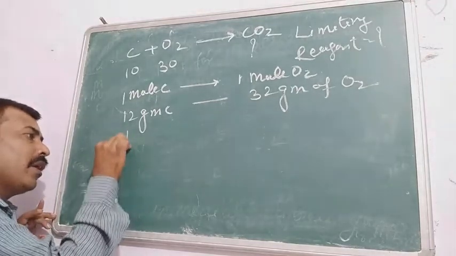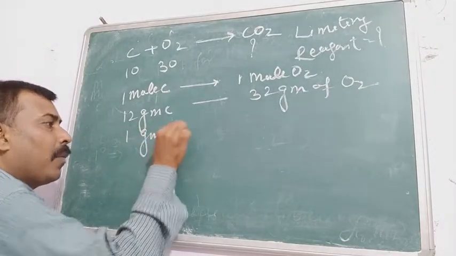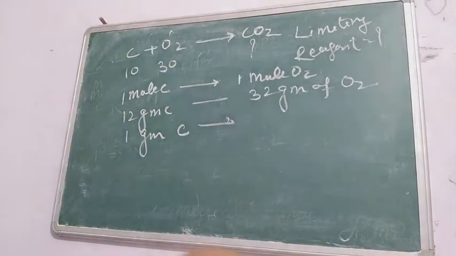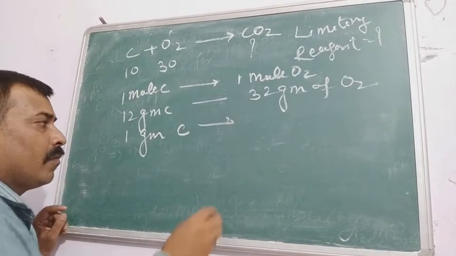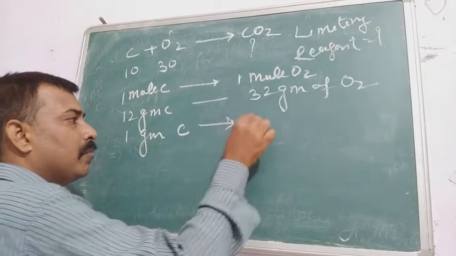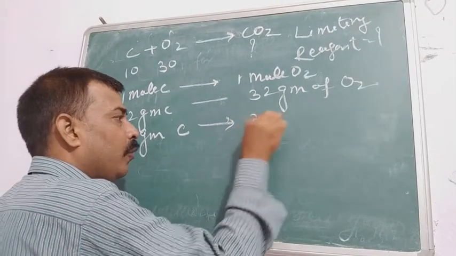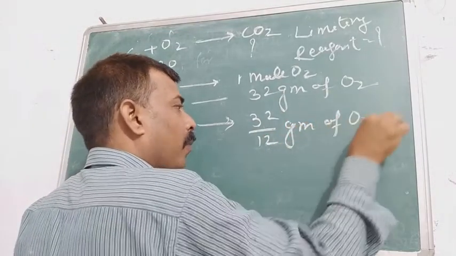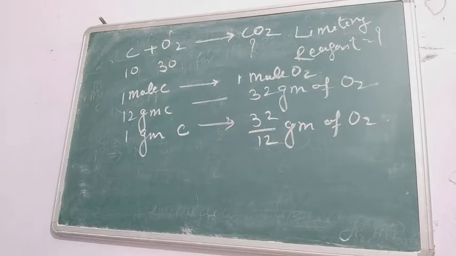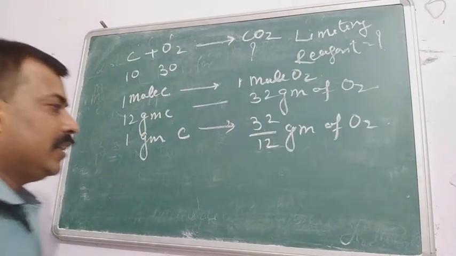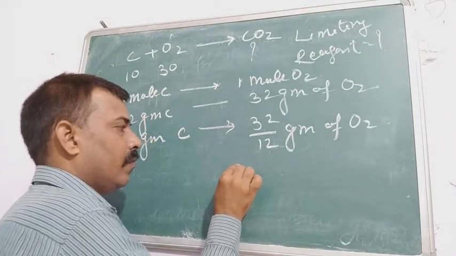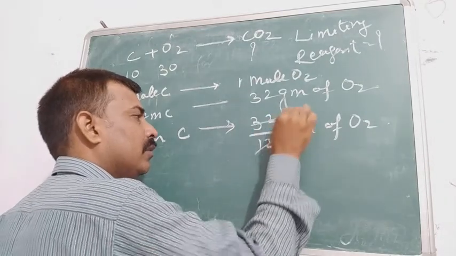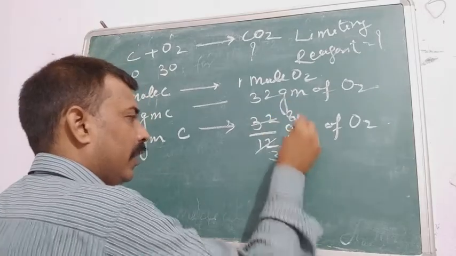Similarly, 1 gram of carbon will react with 32 by 12 gram of oxygen. That is 8 by 3.